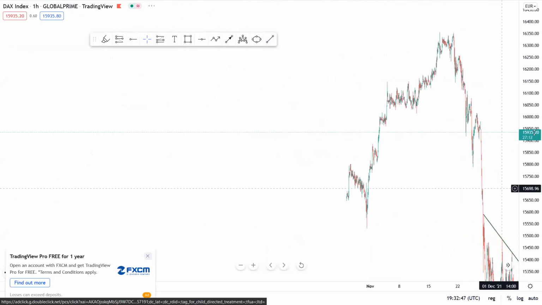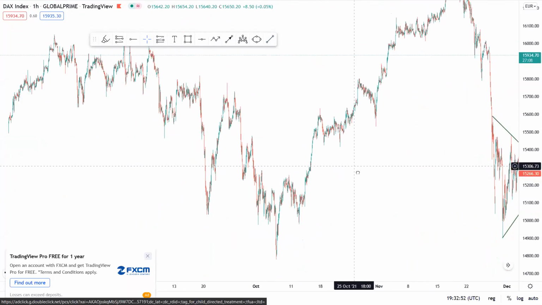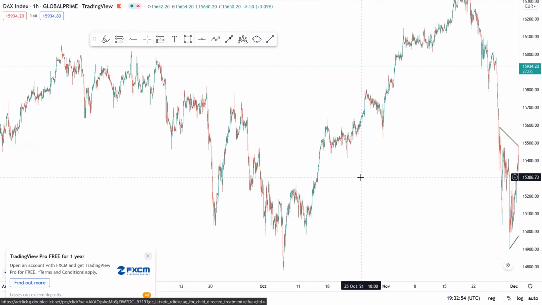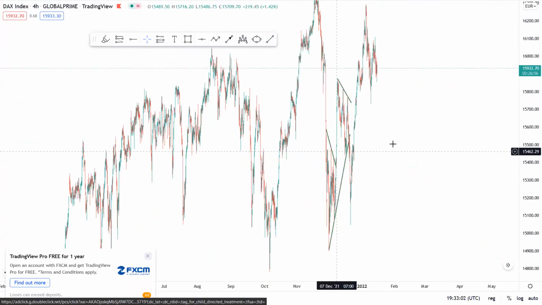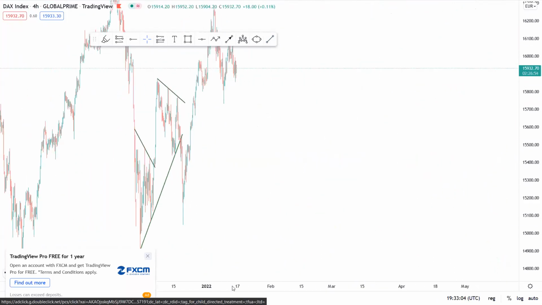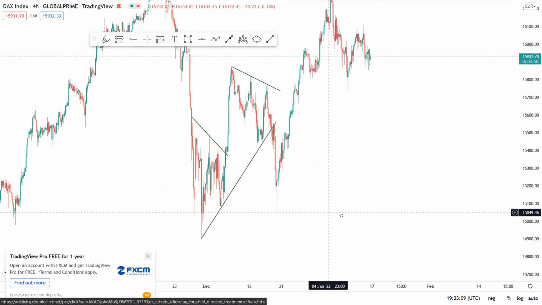Sure, Ninja. Can you be able to point out the double touches or the double bottoms during a zone, like inside a zone?